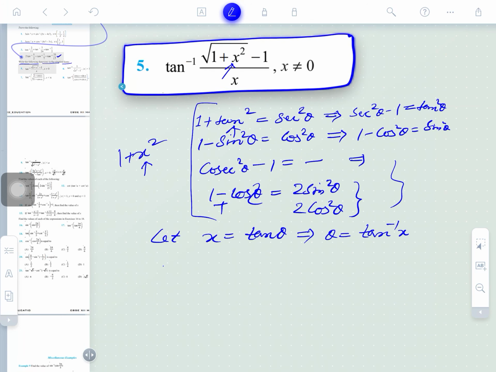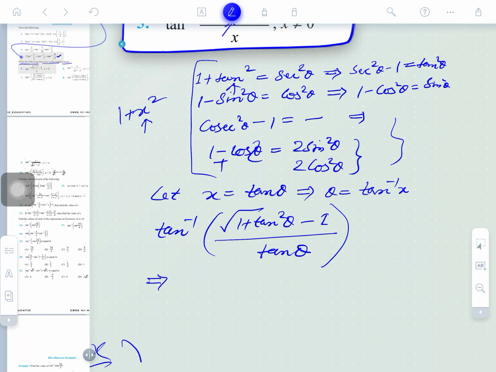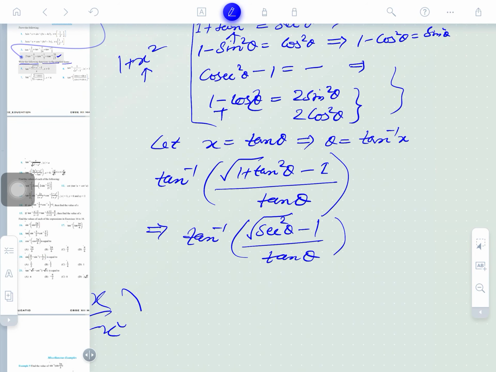Now solve the value by putting this. Clear? Therefore tan inverse of under root 1 plus tan square theta minus 1 divided by tan theta. 1 plus tan square means sec square theta, and within bracket sec square theta under root, this is sec theta only, minus 1, and this will be tan theta.